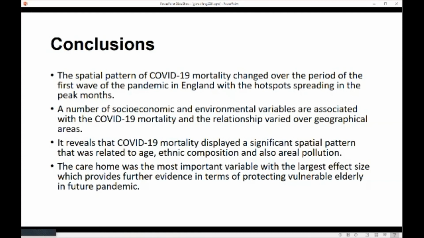But our research does show pollution, for example, is an important predictor as well. That's different from one research, for example, using the local authorities in England. And our research also revealed the mortality had a significant spatial pattern related to age, ethnic composition, and also area pollution. And again, care home seems the most important factor.